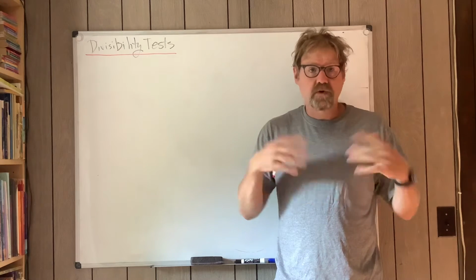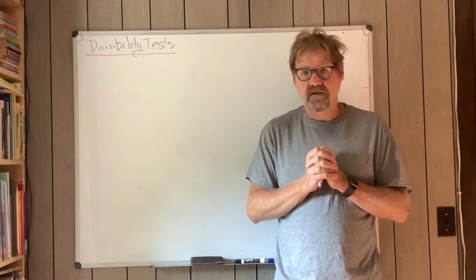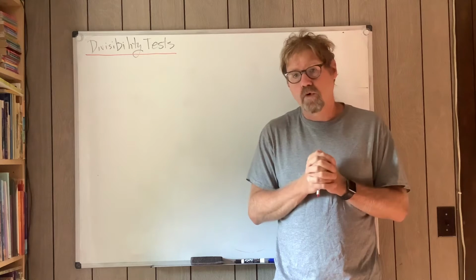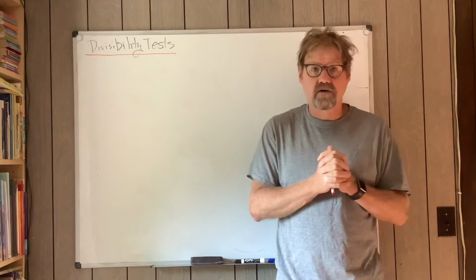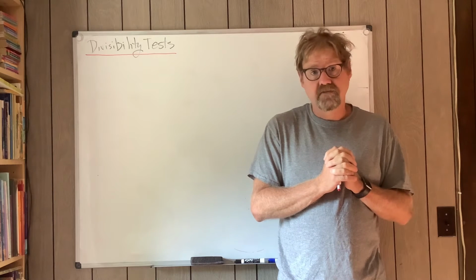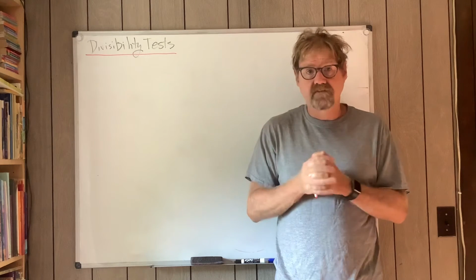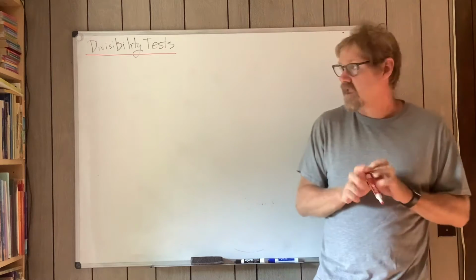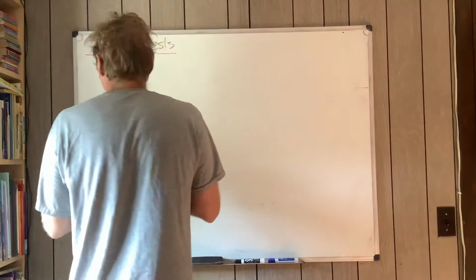So what you would have to show is that the thing is divisible by 4, or if you're trying to give one to each child, let's say you have 16 children, you need to make sure that the number of things you have is divisible by 16. This is what's called a divisibility test.